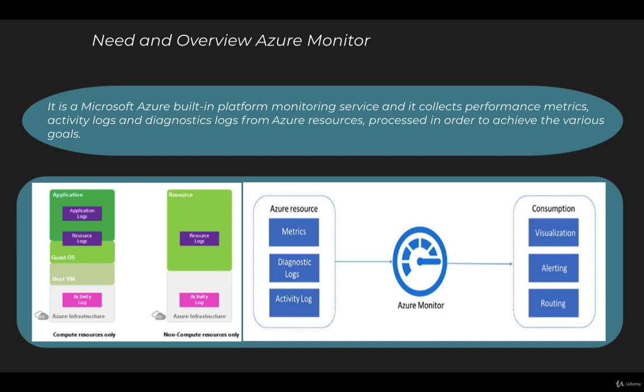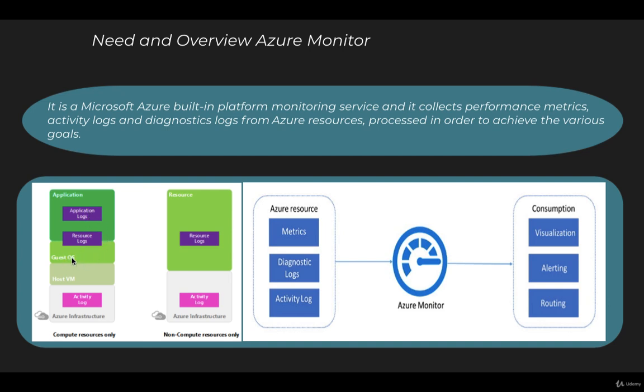Before that, we need to understand certain facts. Within the Azure infrastructure, there are compute resources, such as the VMs we use, and non-compute resources like storage accounts, and other examples as well. On that basis, there are different kinds of logs: we have activity logs in both compute and non-compute resources, then we have resource logs, and then application logs on top of that.